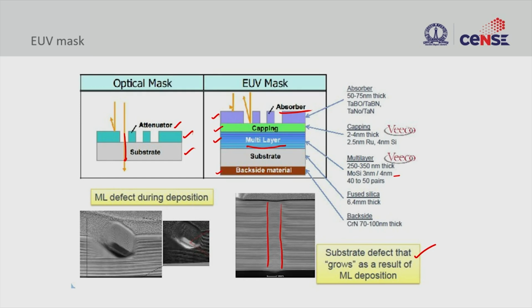During multi-layer deposition, you also want to make sure that you don't incorporate any defects. This is a particle defect, and you don't want to have these particles there because your light source wavelength is 13.5 nanometers. So you need to look at the scattering cross section. Any dust particles which are on the order of the wavelength, 10 nanometer or even 5 nanometer, will scatter, and that will create undesirable imaging problems.